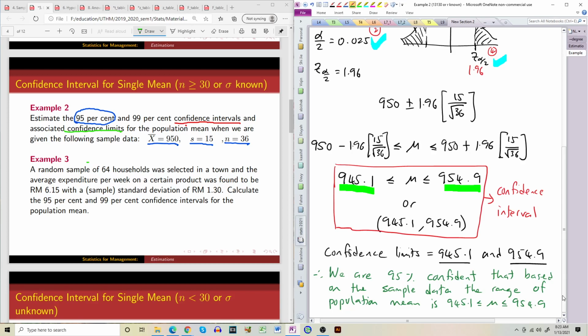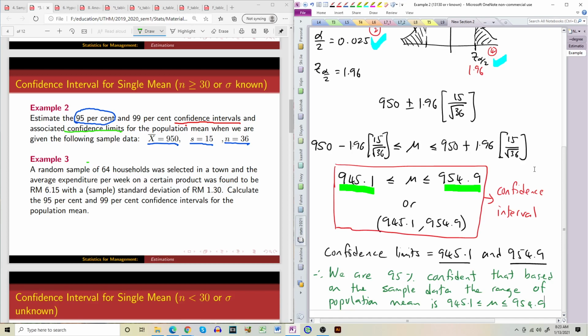Okay, 95% we believe that from the given sample data, 950, 15 and 36, this is the range for the population mean. That's how you interpret the questions.